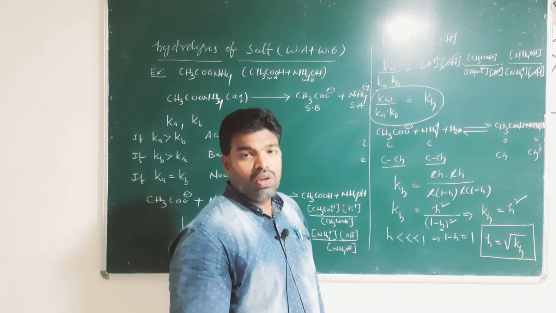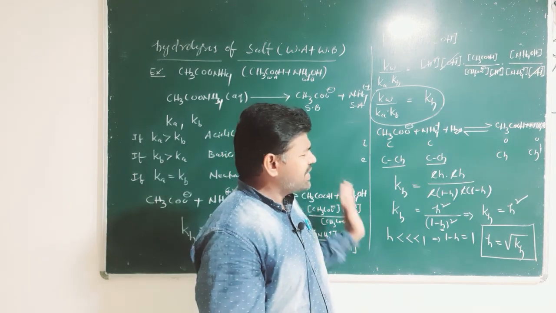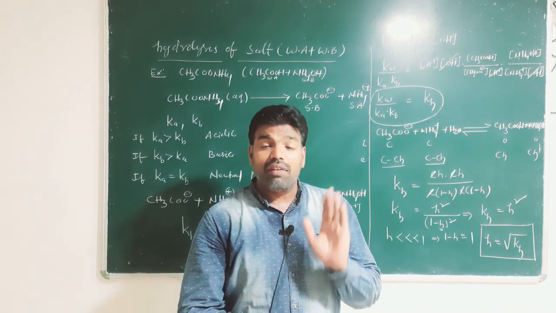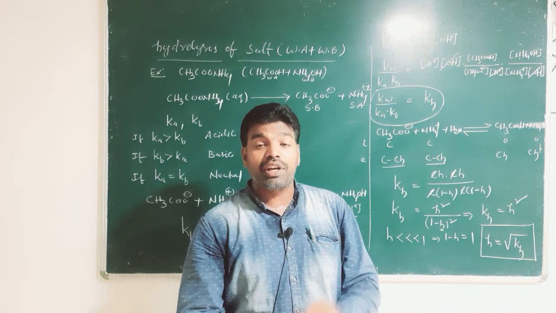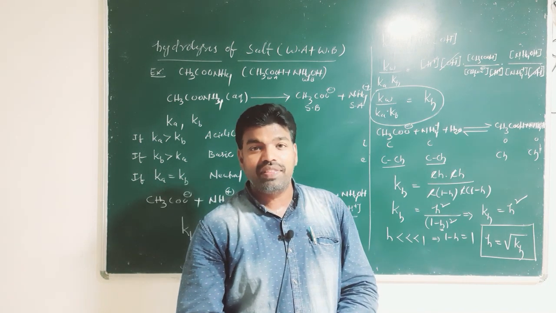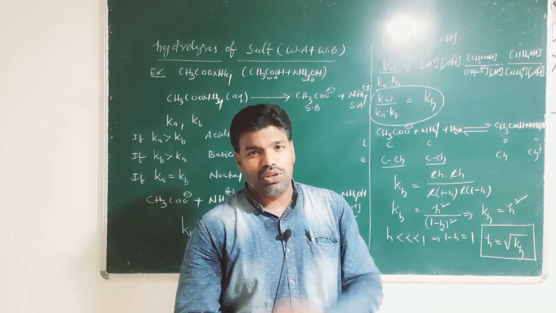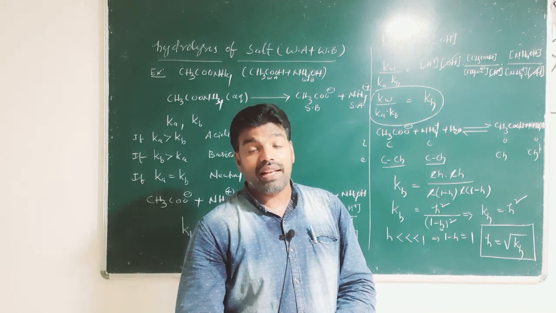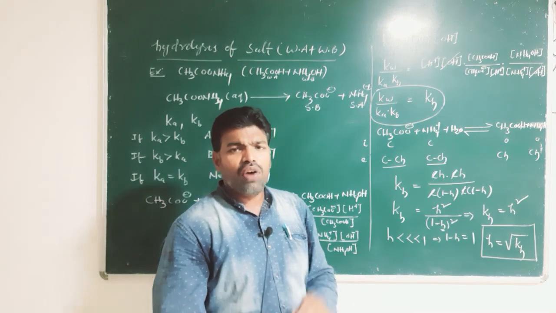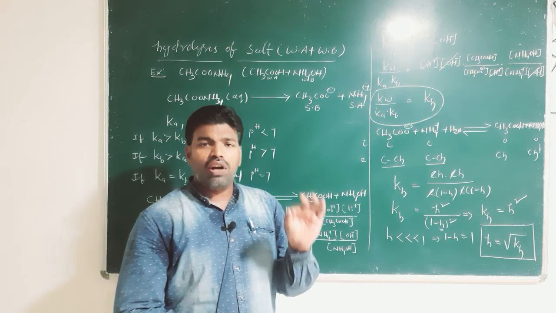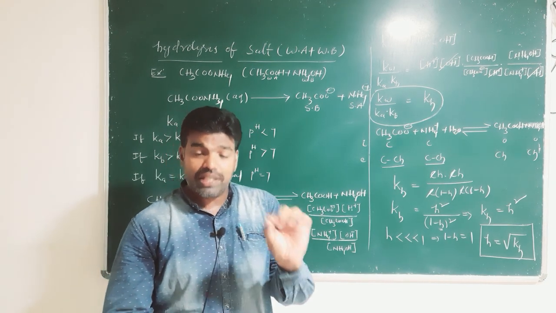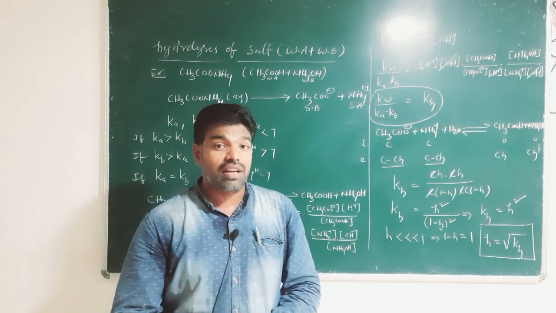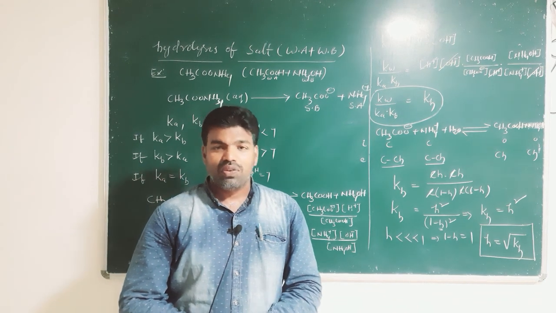Okay. So, whatever the derivation is, our ultimate aim is to determine the pH of the resulting solution. If you want to derive the equation for pH, we have to know the concentration of H plus ions.